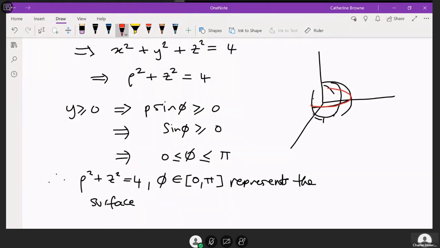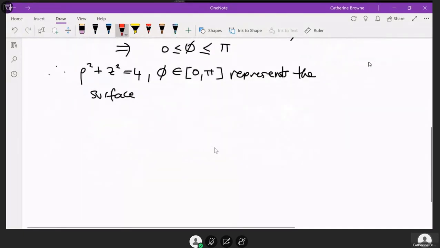Oh, yeah. It would match up if you went all the way around to 2 pi. But in my case, the surface that I'm looking at is only for y greater than 0. Yeah. So that's why I did all the way from 0 to pi.